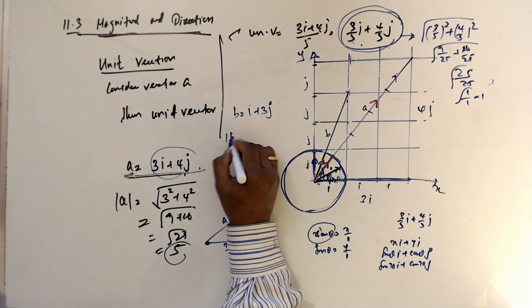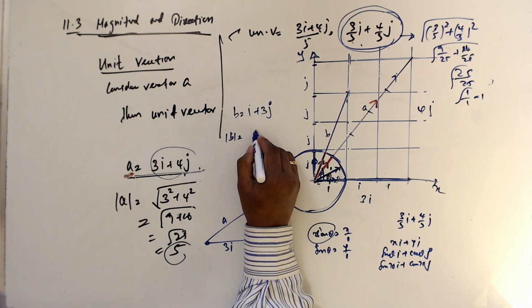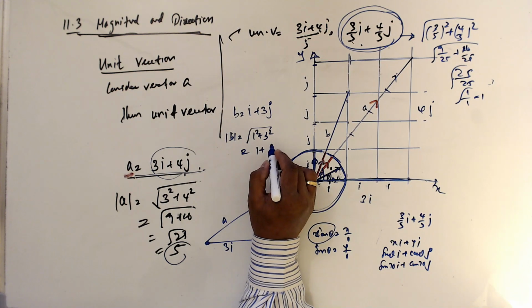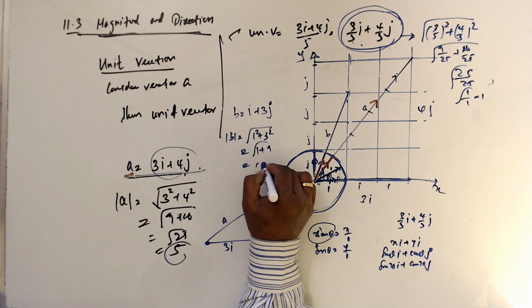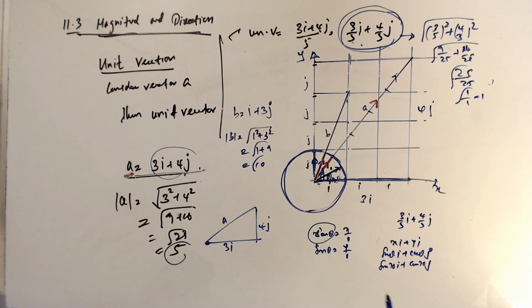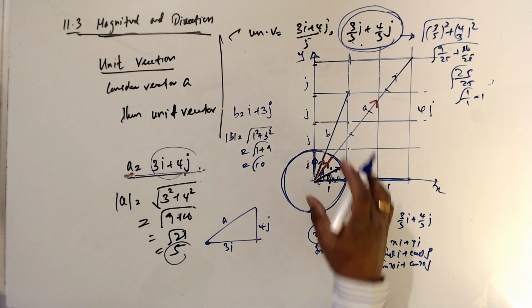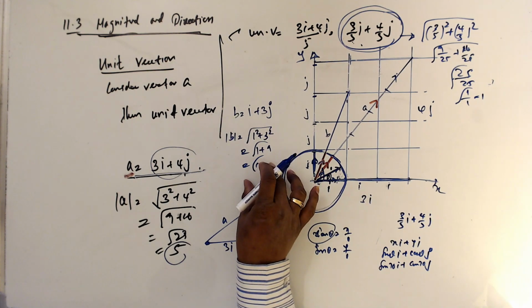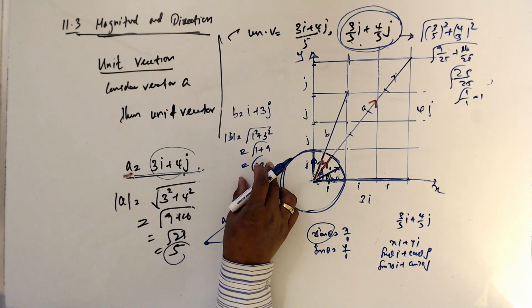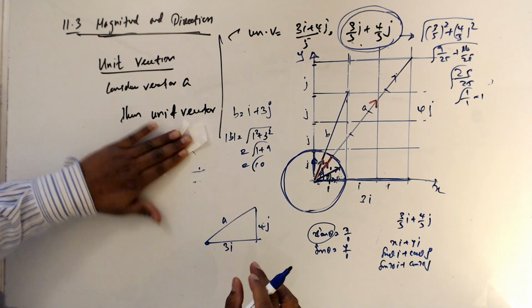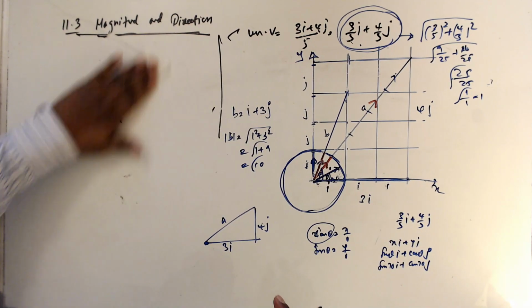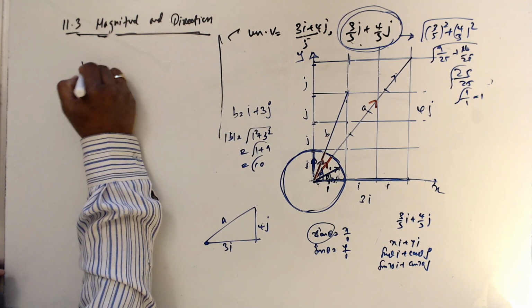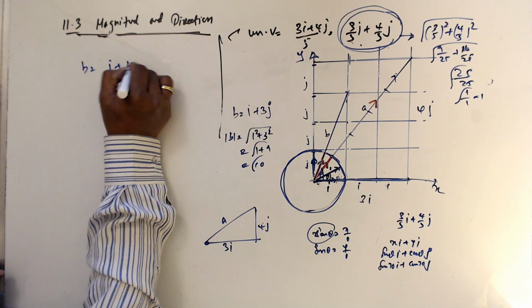The size of the vector is mod b, which is the square root of 1 squared plus 3 squared, which is the square root of 1 plus 9, the square root of 10. Now I will divide this vector by the square root of 10.